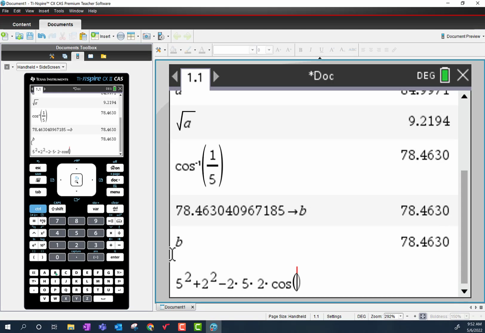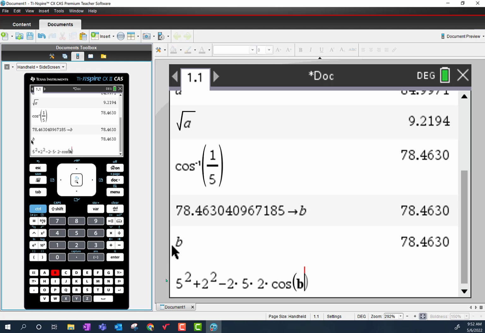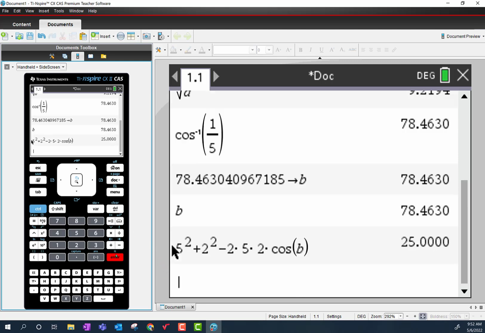So I called that b, cosine of b. Oh, that's crazy. It gives us an even number, like an integer. What? 25. We did cosine of this really weird number and we got 25. That's greatness. All right, so let's go back to here.